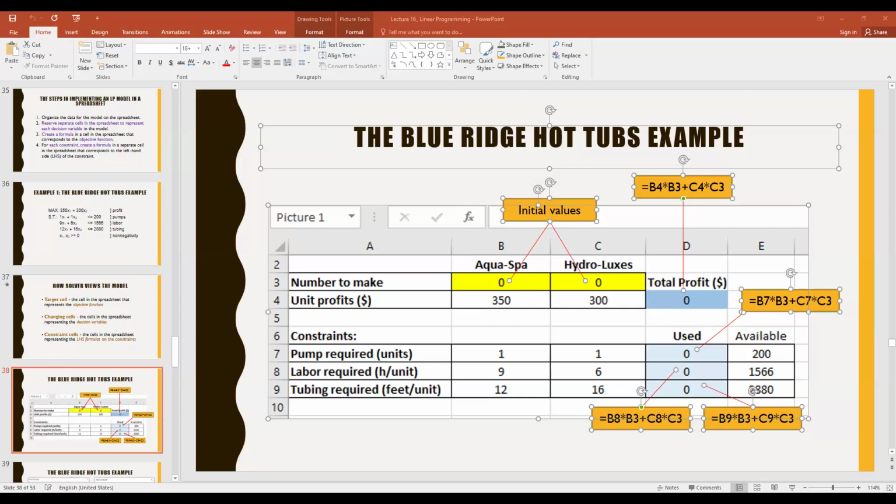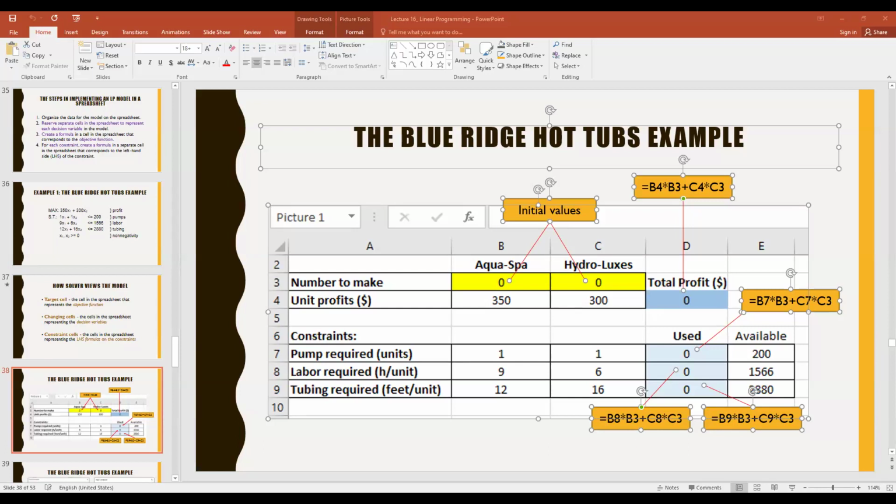The minimum is 0, so we can choose 0 as the initial guess. Then the unit profit for each: the unit profit for Aqua A is 350, and for Hydro is 300.